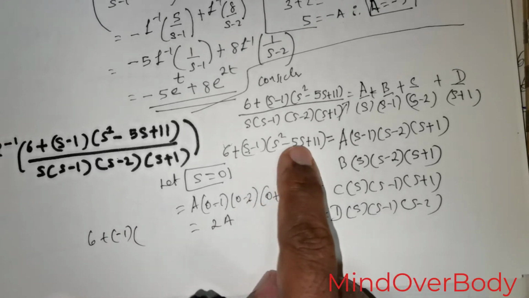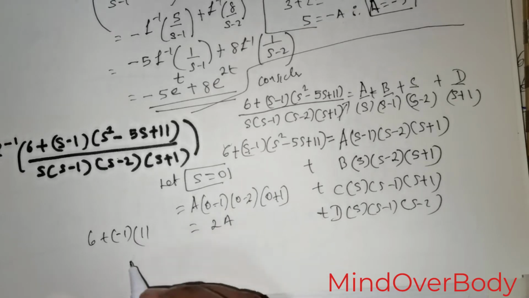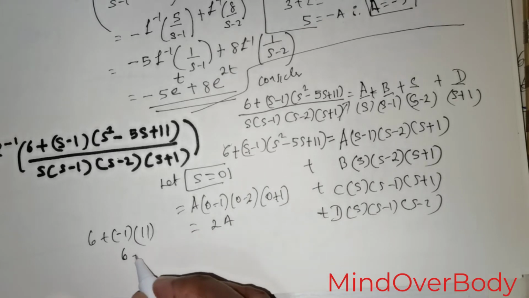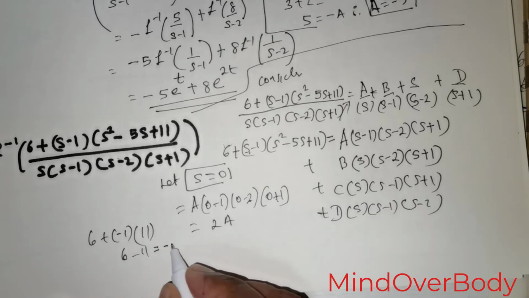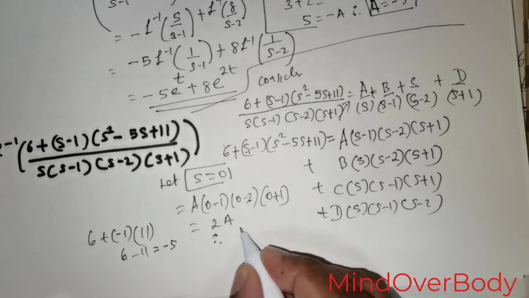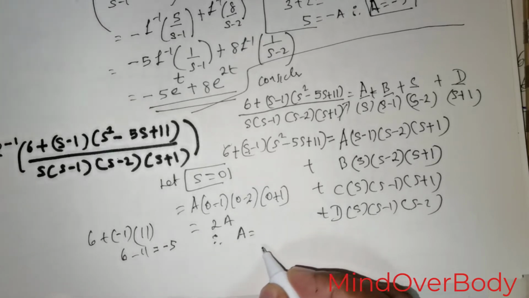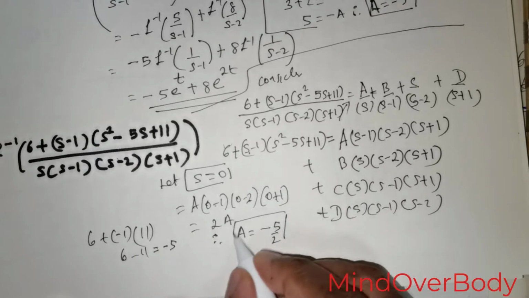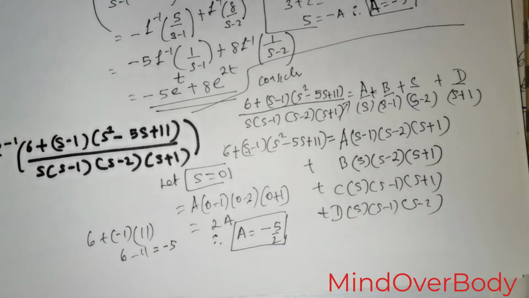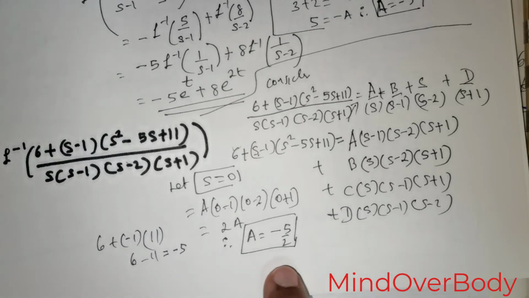This will vanish, you get an 11 there. So in fact you get 6 minus 11, that's going to be 5, right? So this is going to give me negative 5. Therefore the value of a is going to be negative 5 over 2. This is my first value. Now I've got the value for a.